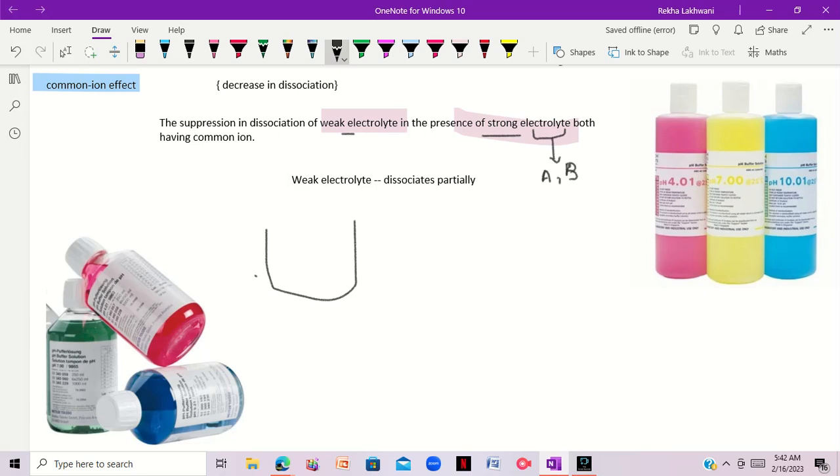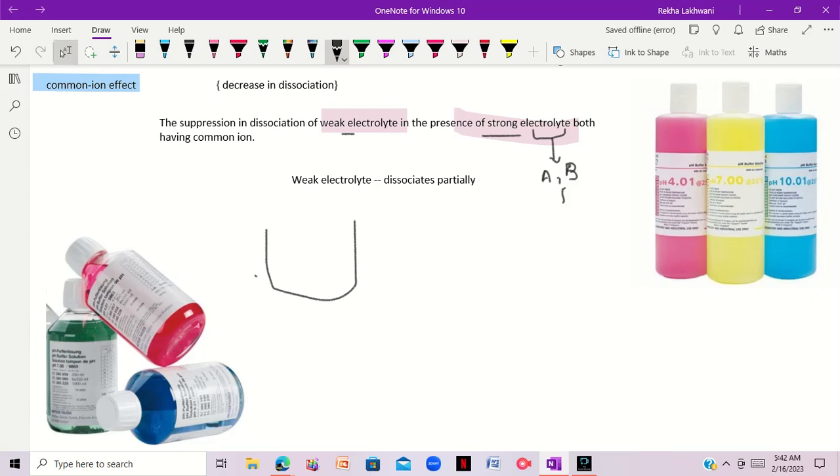Electrolyte means anything which conducts electricity in its molten form or in its liquid form. That is known as electrolyte, right? So here I haven't used the word acid, base, or whatever, it should be electrolyte.